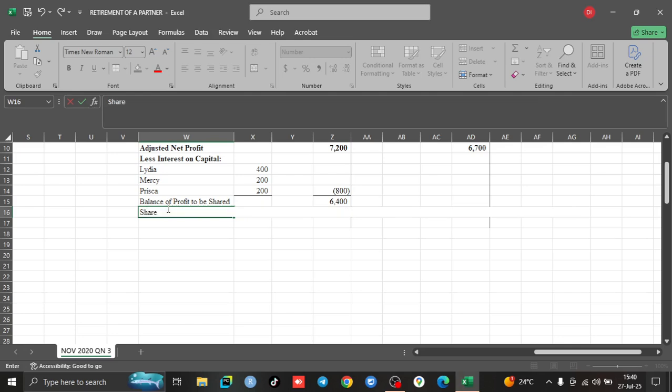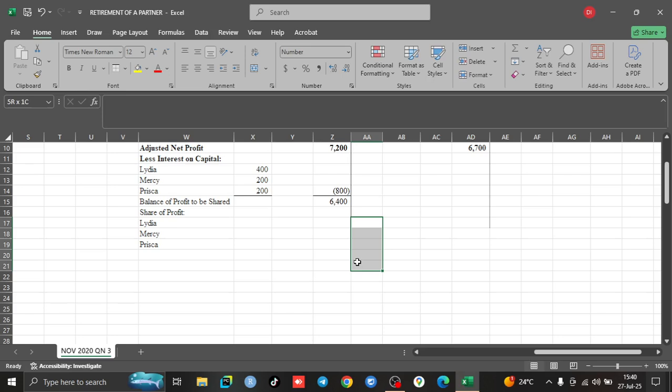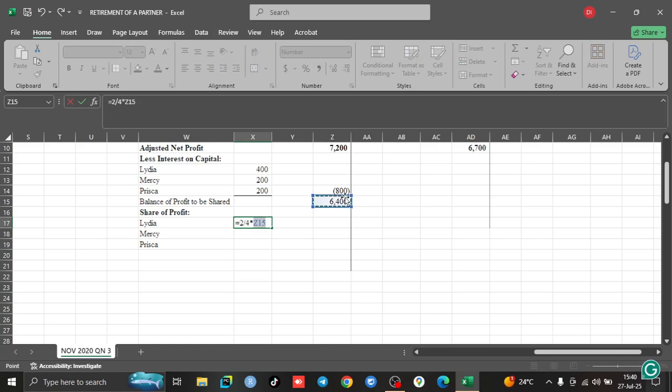So our share of profit now will be according to the old profit and loss sharing ratio. So Lydia, Mercy, and Priska, we're going to share it in the old profit and loss sharing ratio. This is our balance of profit to be shared. Then the share of profit is according to the ratio 2:1:1, so that is 2/4 of the 64.